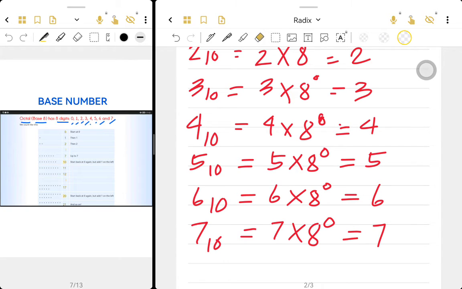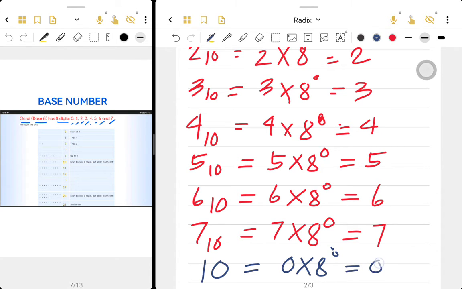So we are going to go back to 0. Okay, as mentioned earlier, we are going to have 0, but you have to write 1, meaning to say 10. So 10 equals 0 times 8 to the power of 0, we have 0.